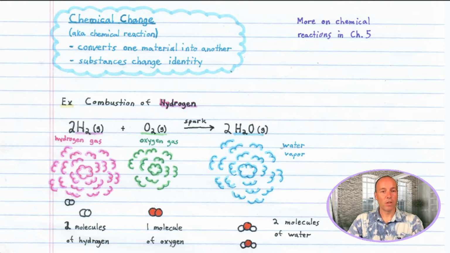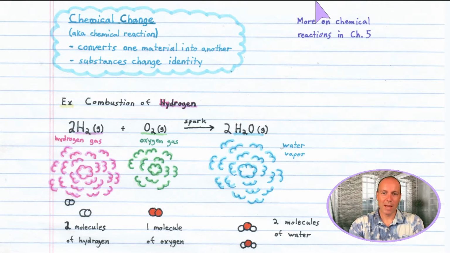But chemical changes, on the other hand, are when you do generate a new type of material. So substances do alter their identity. Chemical changes are also called chemical reactions. So it happens when one material converts into another and changes in substances' identity do take place.